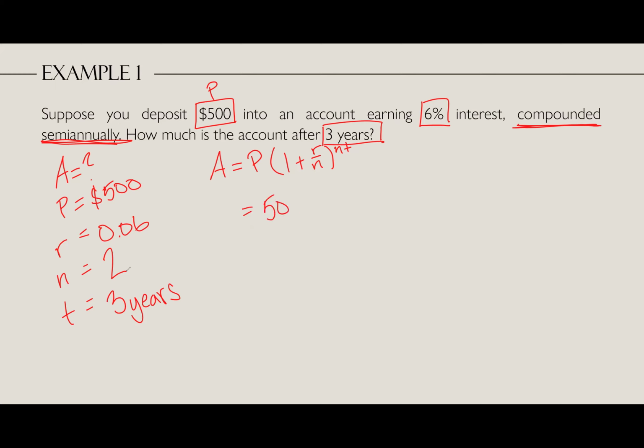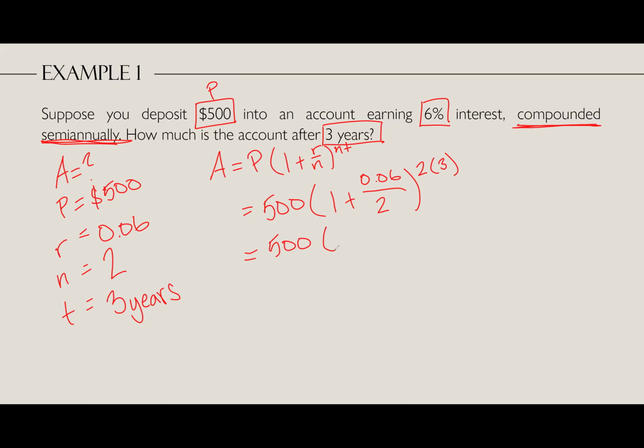All right, so now that I have labeled all of my variables, let's go ahead and plug everything in. A is 500 times 1 plus R, 0.06, over N, to the power of N times T. I went ahead and plugged everything in as needed. Whenever I'm calculating this, I want to be careful because it's very easy to make a mistake. So I'm going to do this one step at a time, at least explaining it a little bit.